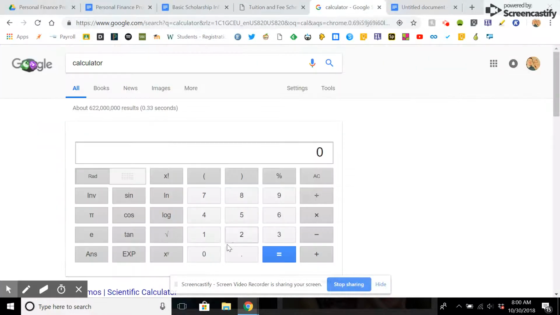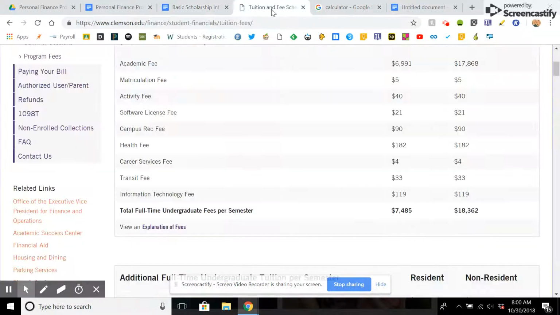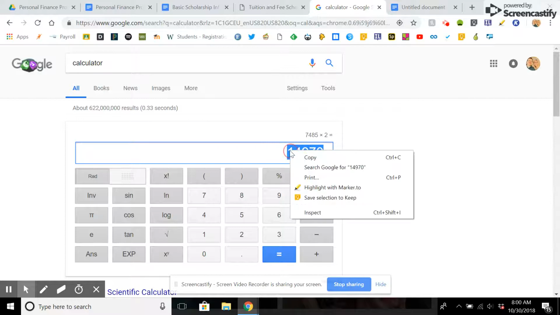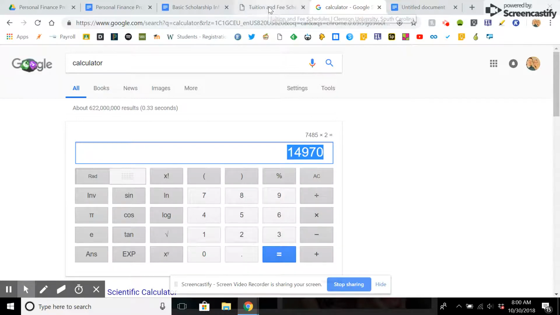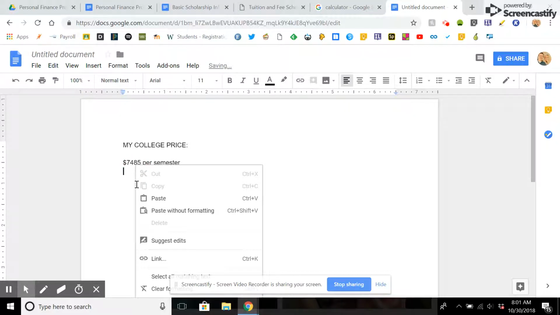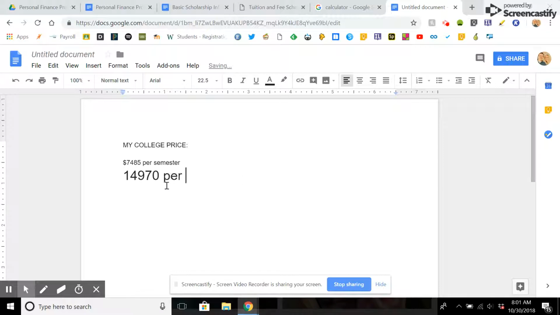So I got to do that times two. 7,485 times two. And there we've got 14,970. So that's the number, $14,970. So I'm going to put that down. So this is per semester, and then this amount per year. Okay. So that's that we've got a starting place.